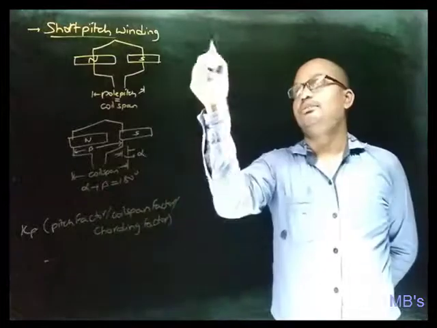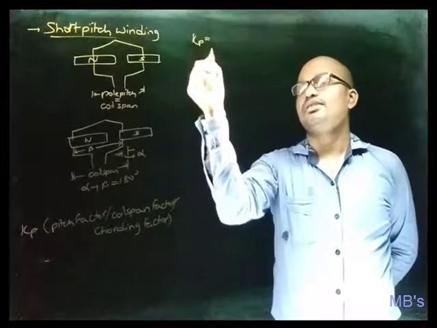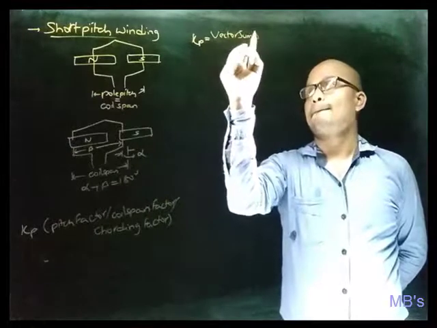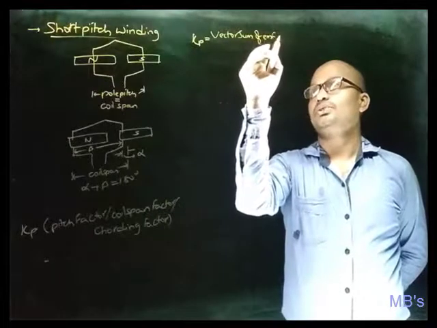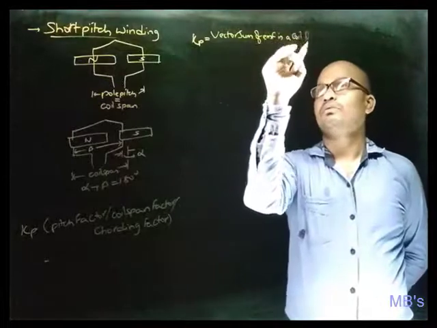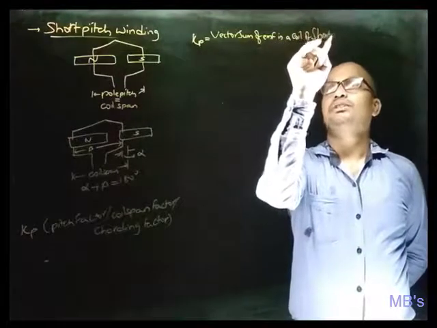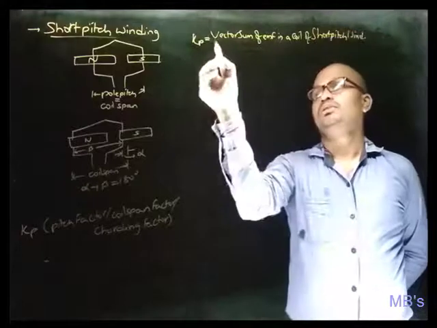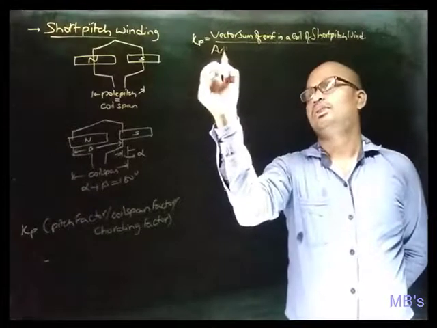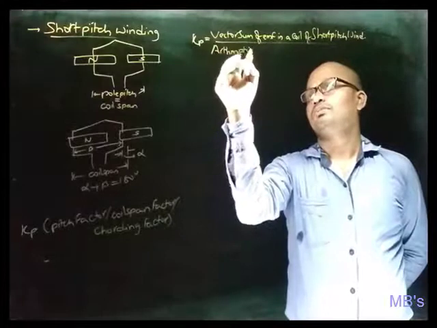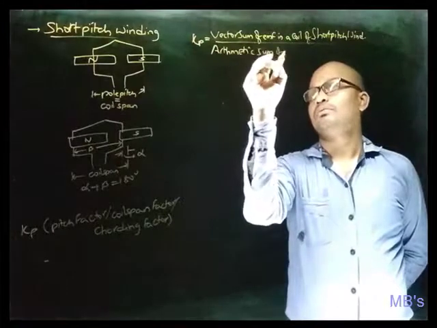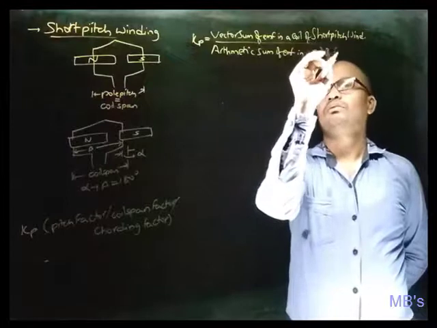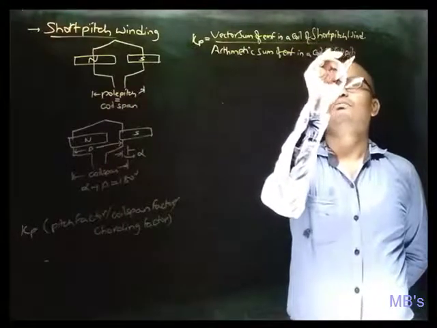Pitch factor Kp is defined as the ratio of the vector sum of the EMF induced in a coil of short pitch winding to the arithmetic sum of the EMF in a coil of full pitch winding.